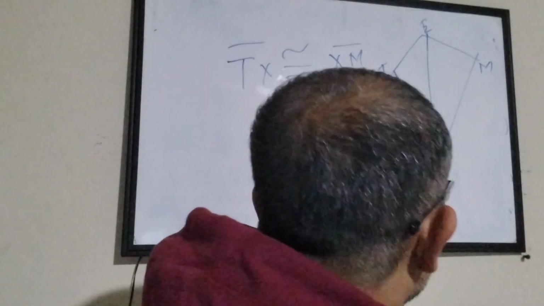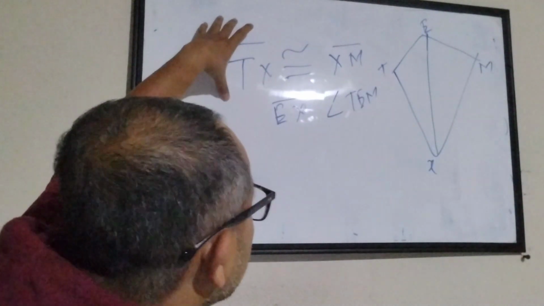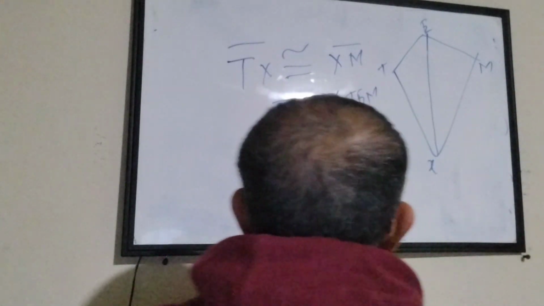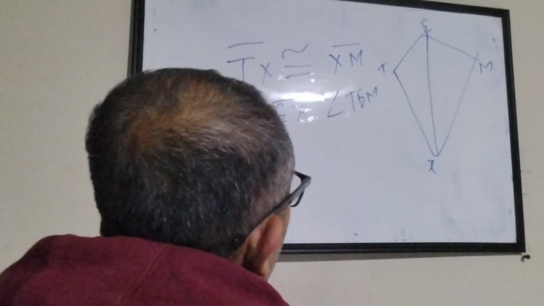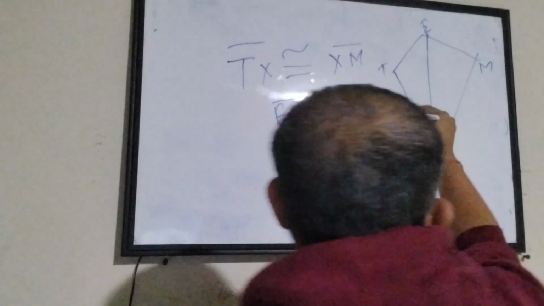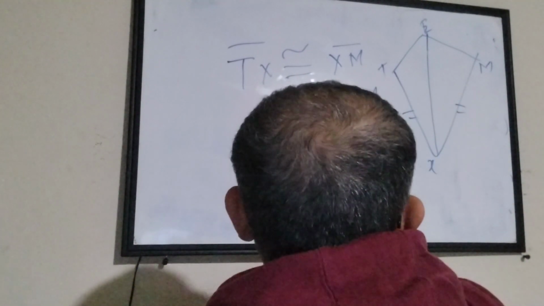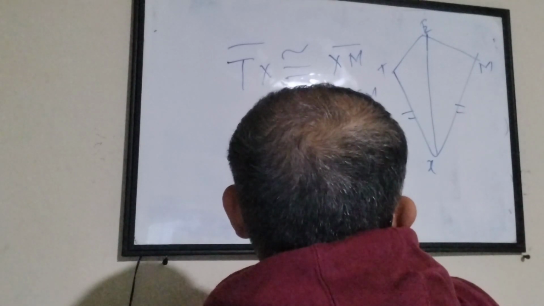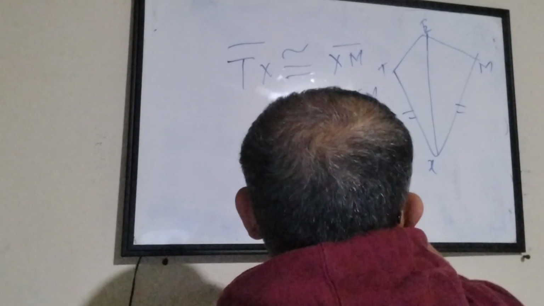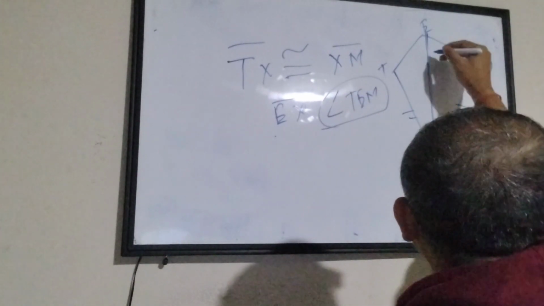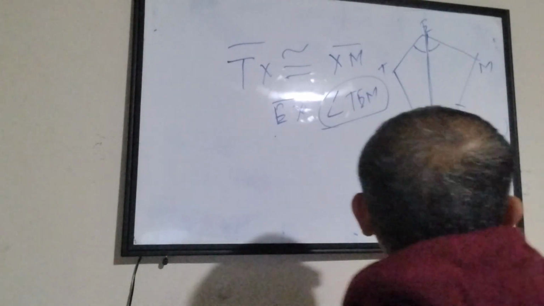So it says TX is congruent with XM. And then EX bisects TEM. So this one bisects this one, so this angle and this angle are the same.